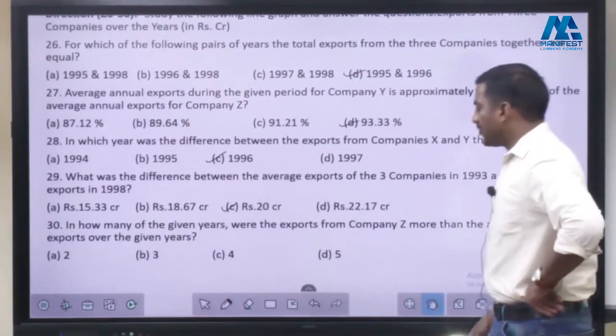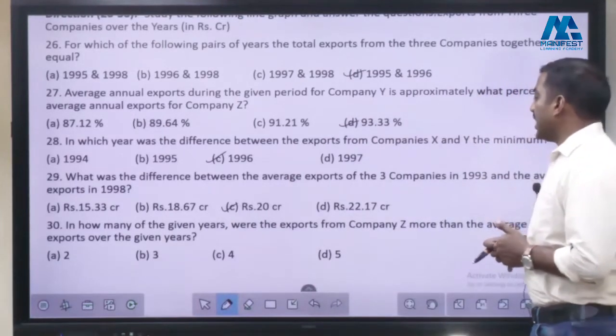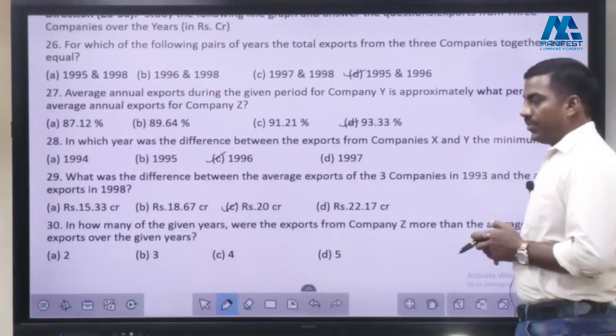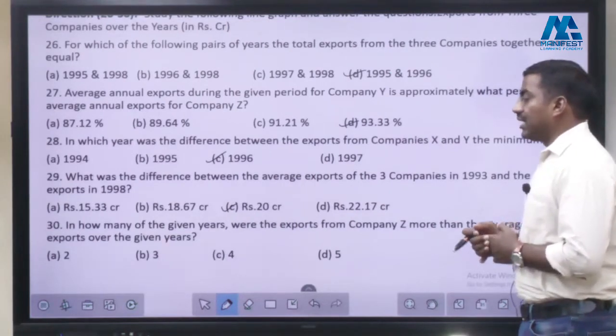In how many of the given years were the exports from company Z more than the average annual exports over the given years?